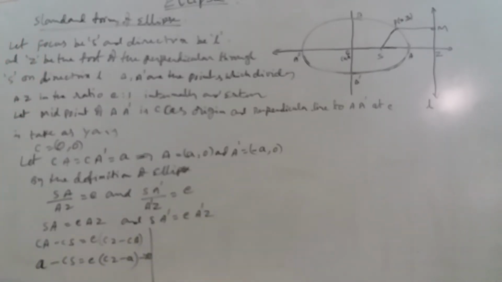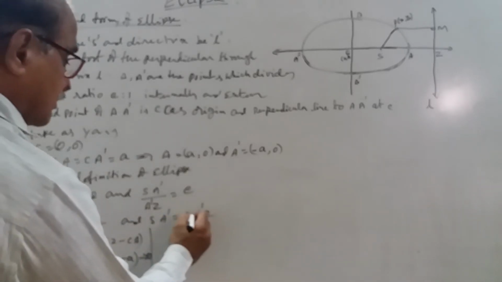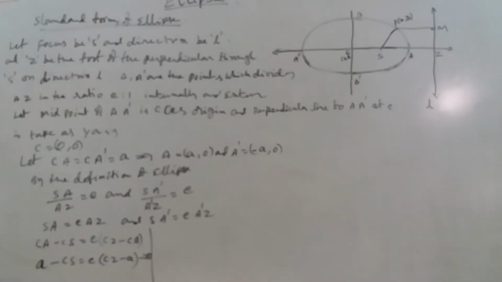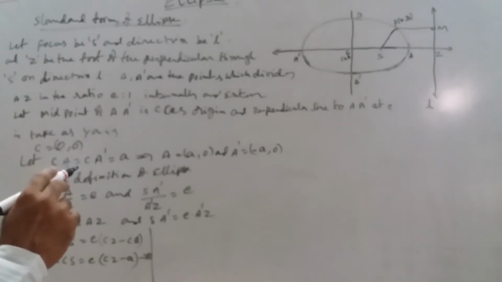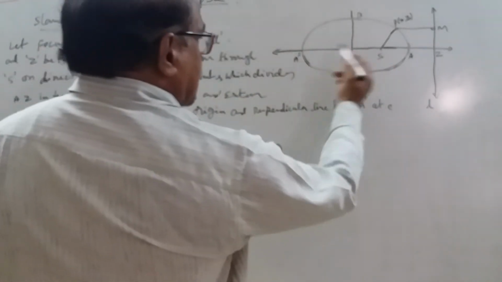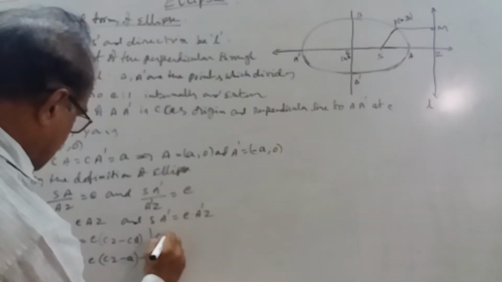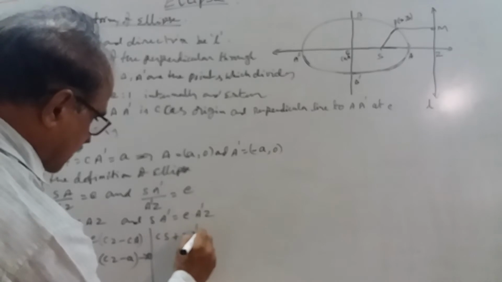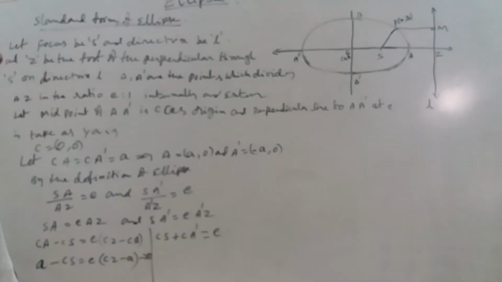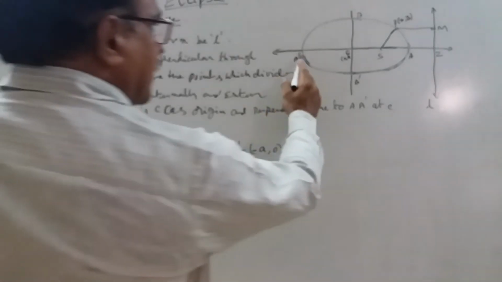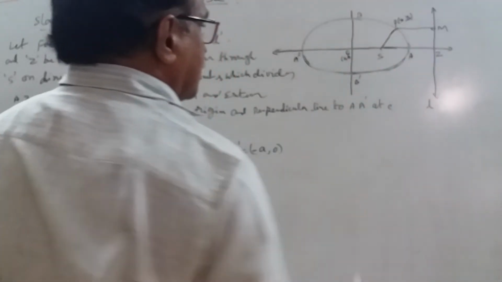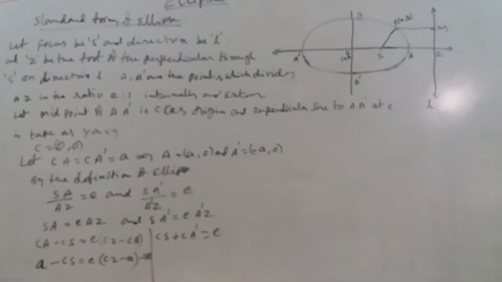Similarly, in the second part, SA dash is equal to e into A dash Z. What is SA dash? SA dash means CS plus CA dash. CS plus CA dash is equal to e into A dash Z. How can we find A dash Z? This we can find as CA dash plus CZ.